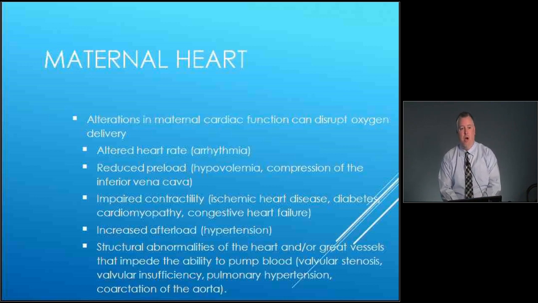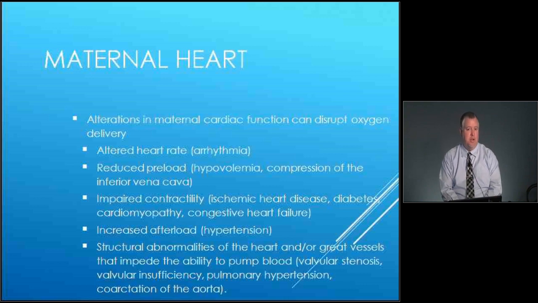Structural abnormalities of the heart may also impact the ability of oxygen to be delivered to the fetus. If there are any abnormalities of the mom's heart or any of her great vessels, that impedes the ability of the heart to pump blood effectively. So if she's got some type of valvular stenosis, or aortic stenosis, for example, that's going to reduce the ability for her to pump enough volume from the left ventricle out into the circulation.